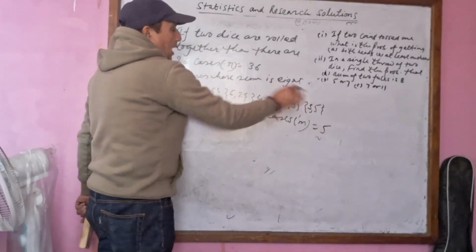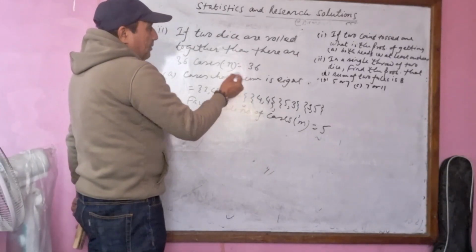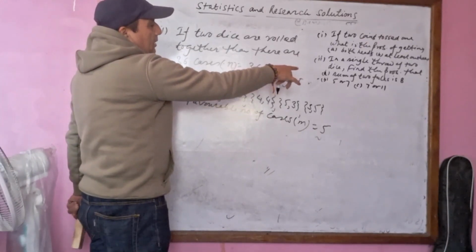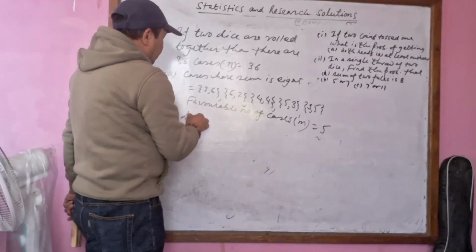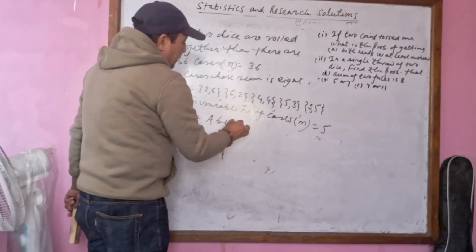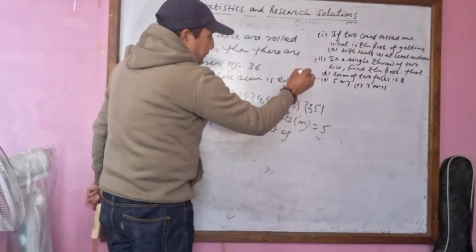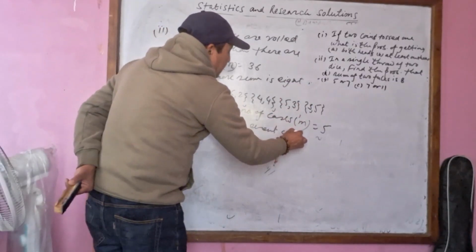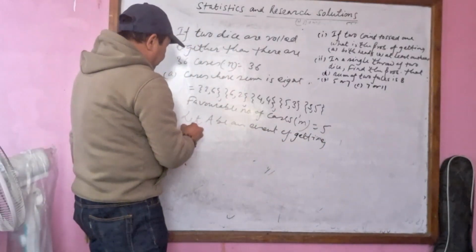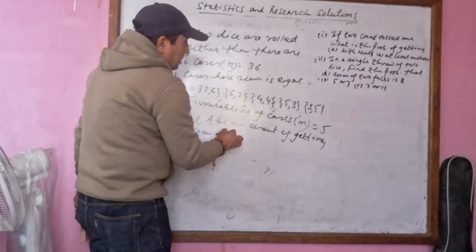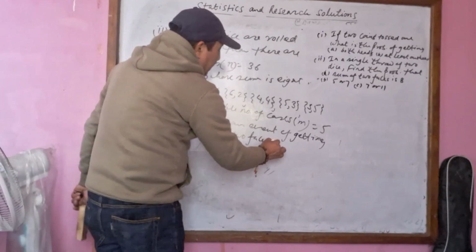Suppose A be the event of getting the sum of 2 faces as 8.